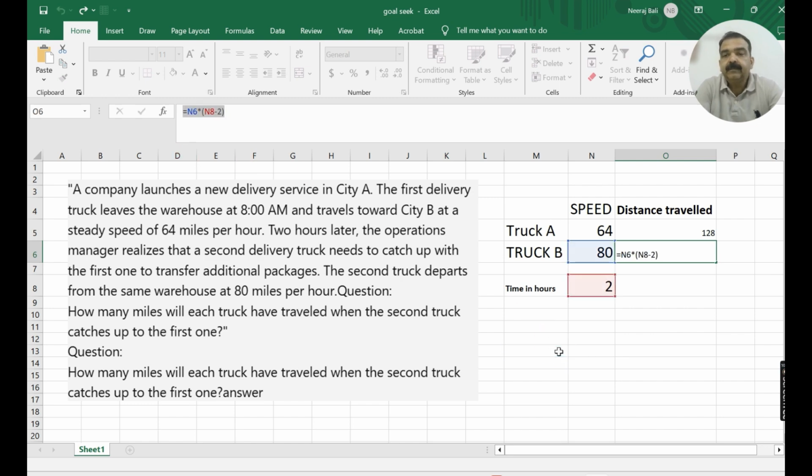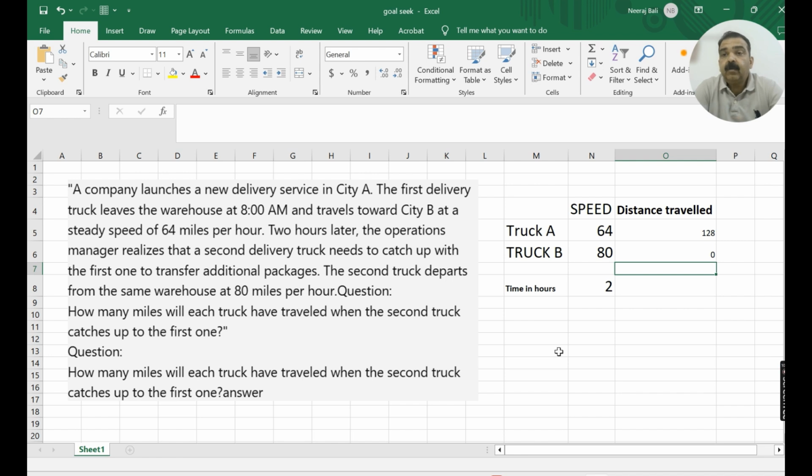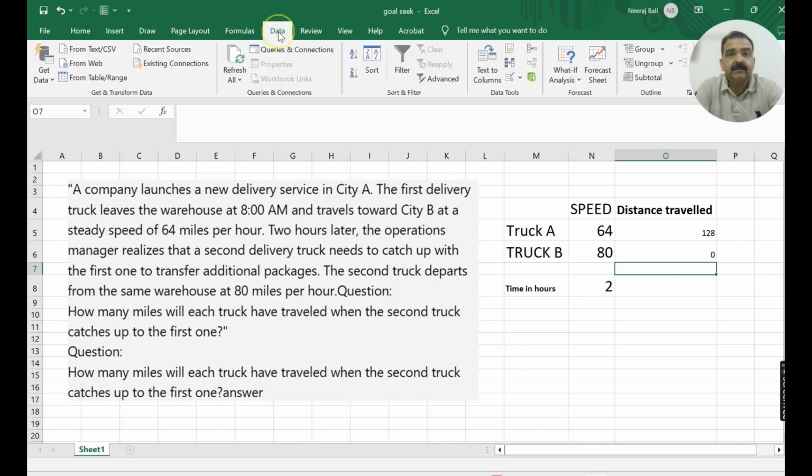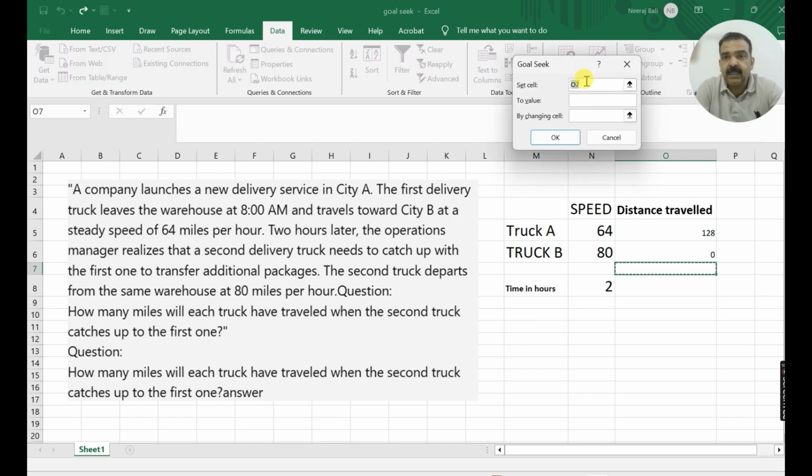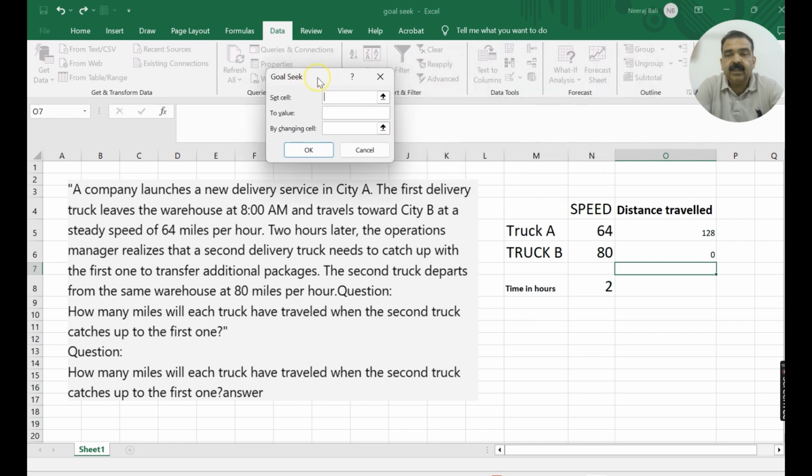Now the thing is we have to use what-if analysis, and in that we will use goal seek, and we will insert the values. Three values it is taking. First is set cell. What do you want to do? Oh, I have not done the right thing.